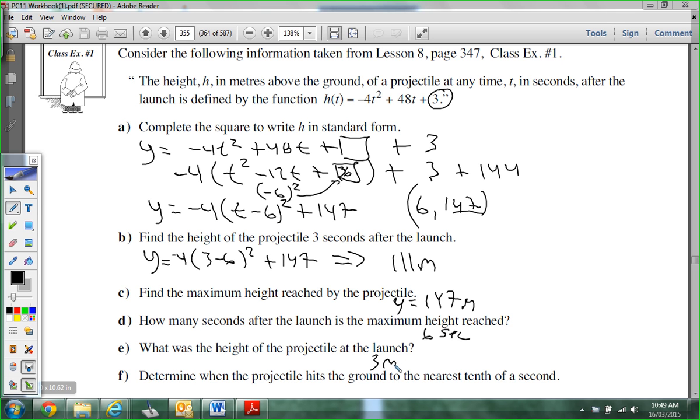Okay, determine when the projectile hits the ground to the nearest tenth of a second. So this is where, for F, I still think standard form is probably easier. So you're going to set y equal to 0 and you're going to solve. So I'm doing F right here. We're going to go negative 4 times (t minus 6) squared plus 147.